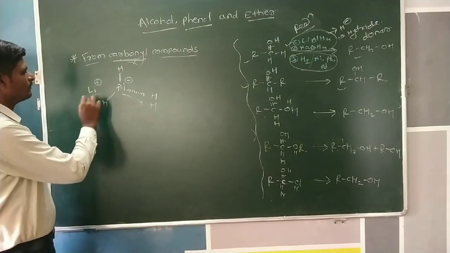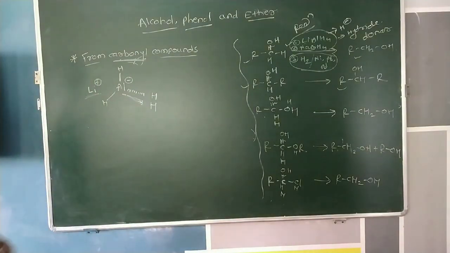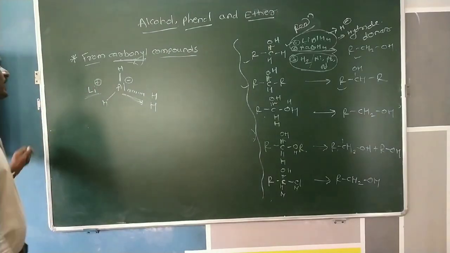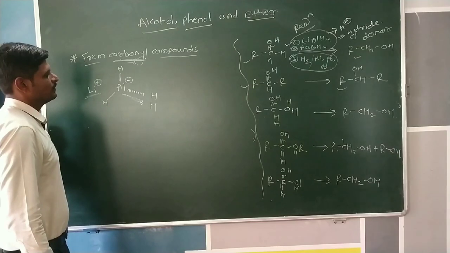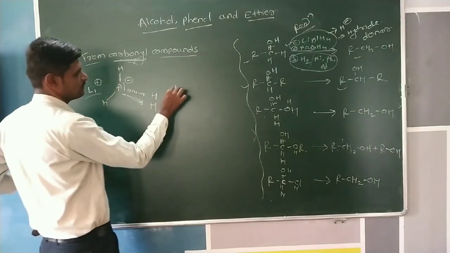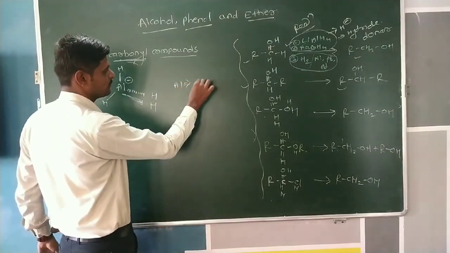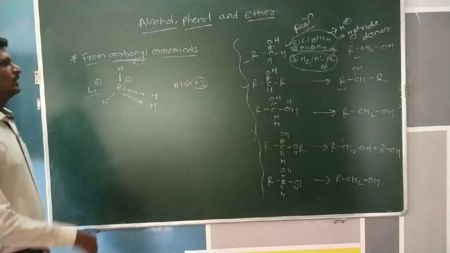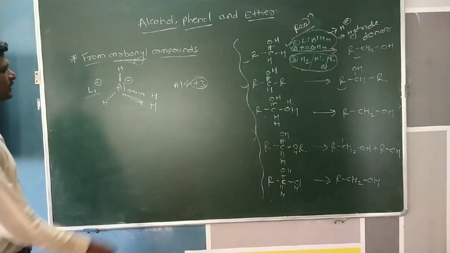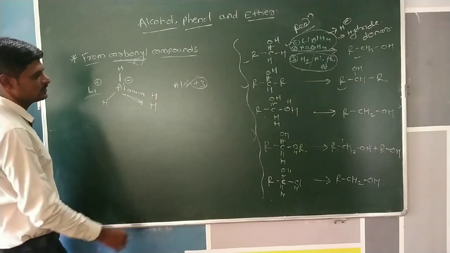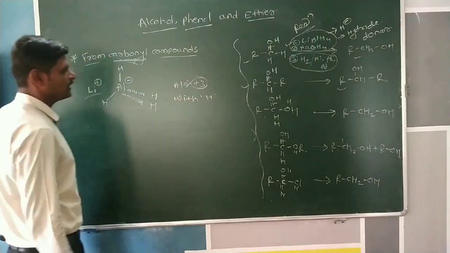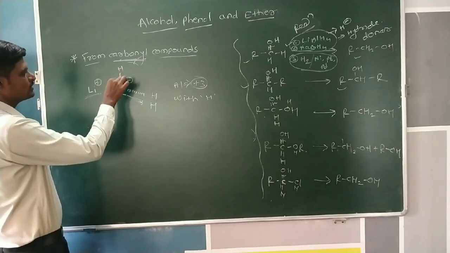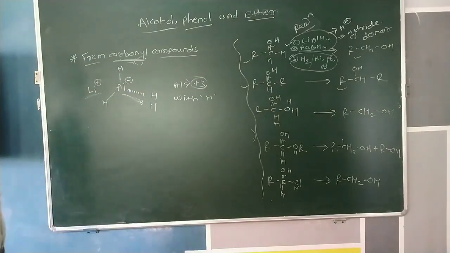Lithium belongs to the s block, therefore it shows the positive charge, and aluminum belongs to the p block, but aluminum shows the +3 oxidation state. Because of the +3 oxidation state, aluminum shows 3 valencies with hydrogen atoms. But one hydrogen is extra attached to aluminum.